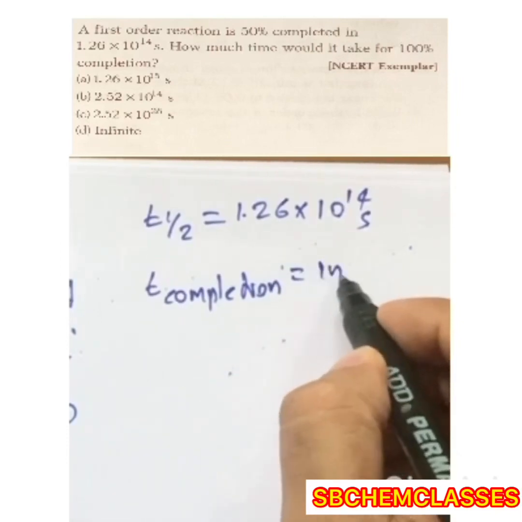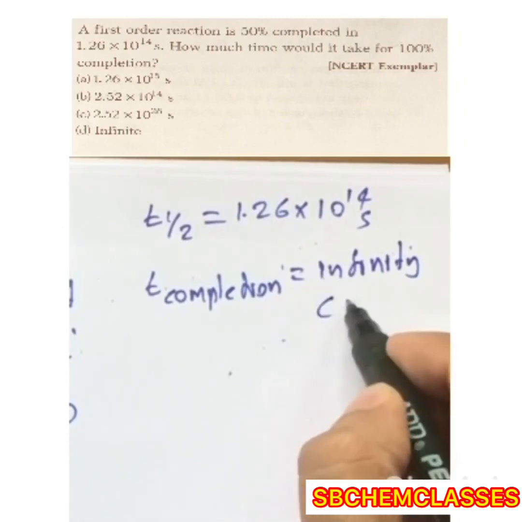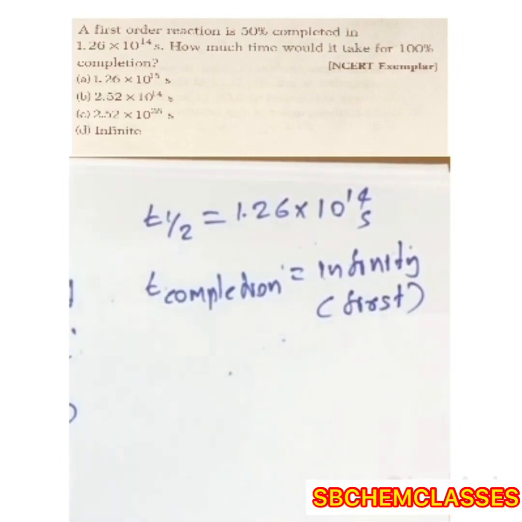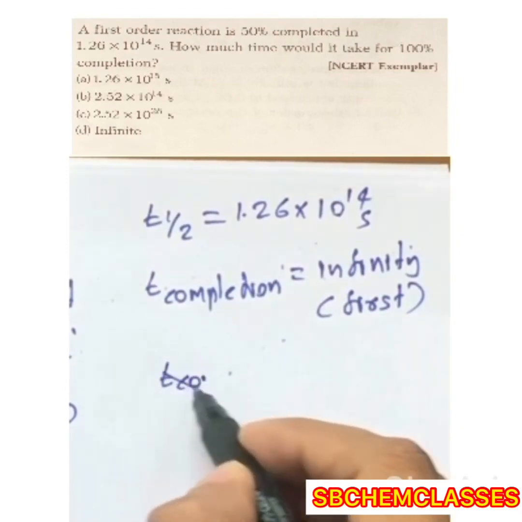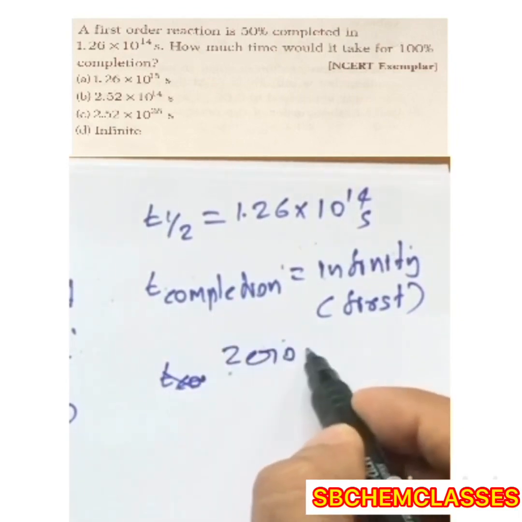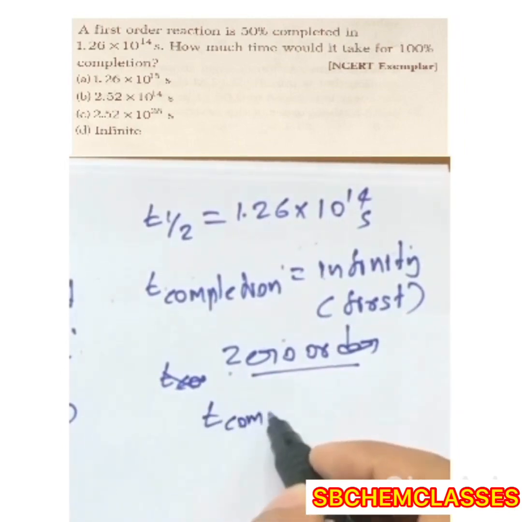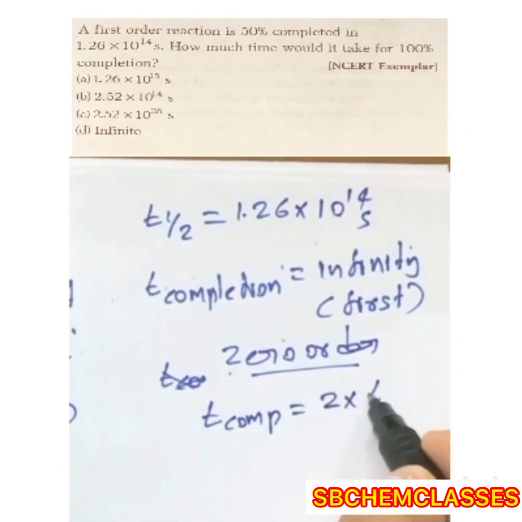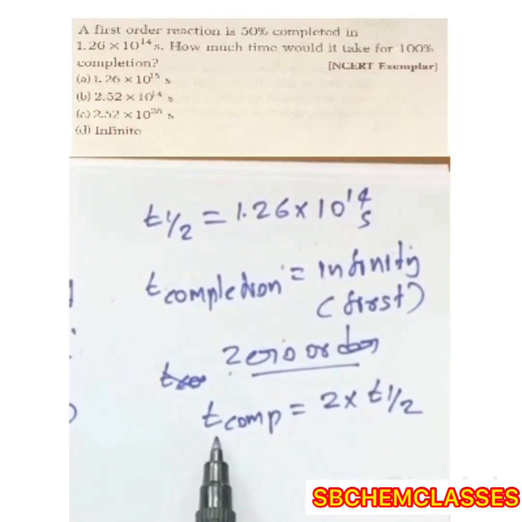It is infinity for first order reaction. If the same question is for zero order reaction, we have the equation T completion equals 2 into T half. So T completion of first order reaction is infinity, but T completion of zero order reaction will be double the half-life period.